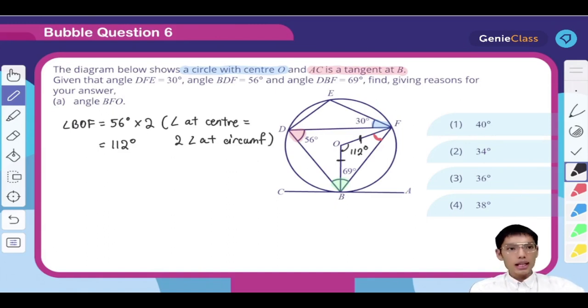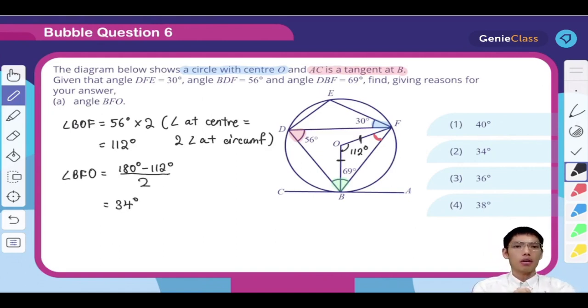Now from here, what can I do further? That's where I can get BFO straight away, which is 180 minus 112, divided by 2. Why is this so? Because this is equals to 34. Okay, what is the reason?